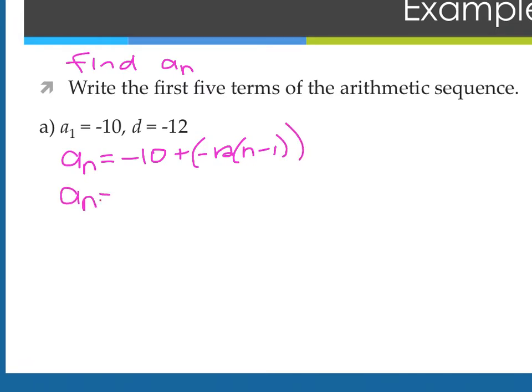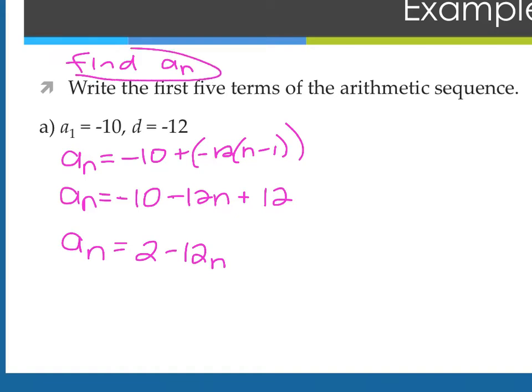Or a sub n equals negative 10 minus 12n plus 12, which is a sub n equals 2 minus 12n. I could do it that way, and then I could plug in 1, 2, 3, 4, and 5 to find the first 5 terms. You with me? Yeah.